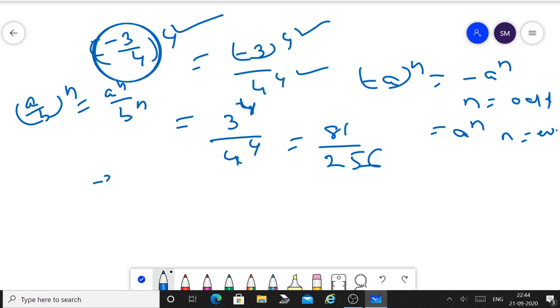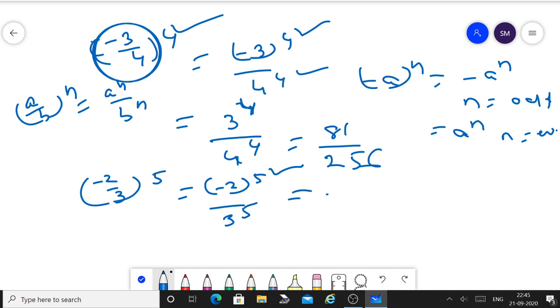Take another example. Minus 2 upon 3 to the power 5. Then this is minus 2 to the power 5 upon 3 to the power 5. Here, is the exponent odd or even? The exponent is odd. Hence this is minus 2 to the power 5 upon 3 to the power 5. What is 2 to the power 5? This is minus 32 upon 243.